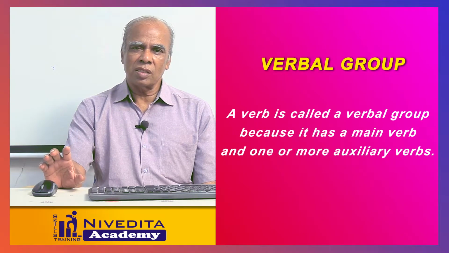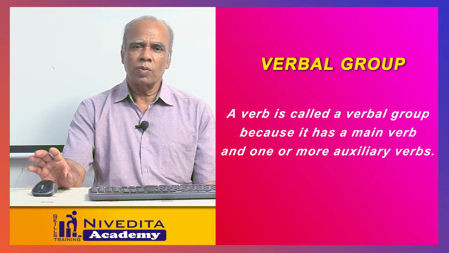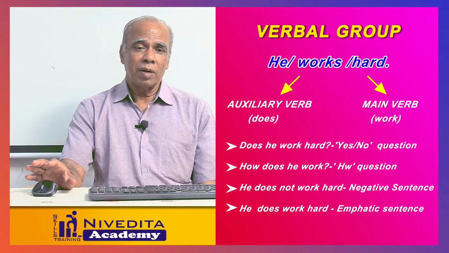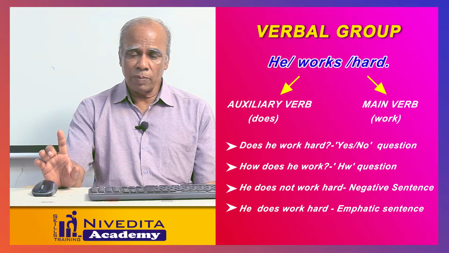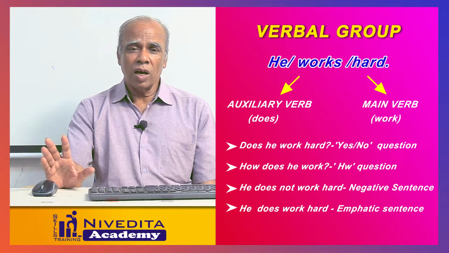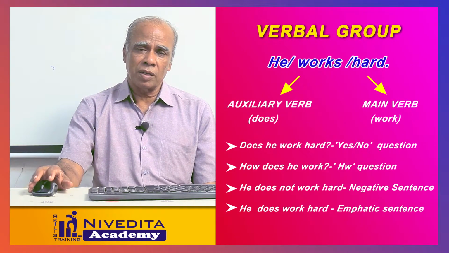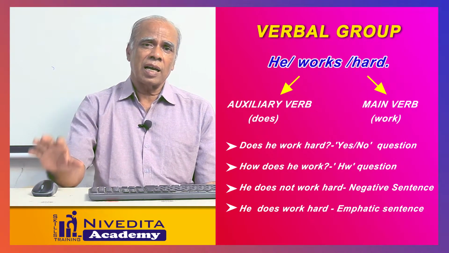Almost all the sentences and all the clauses have verbs. Though sometimes the verb seems to be single, there are two. At least there must be one main verb and one or more auxiliary verbs. Sometimes the auxiliary verbs may not be visible, but they are understood. At the surface level, you may not find the auxiliary verb.